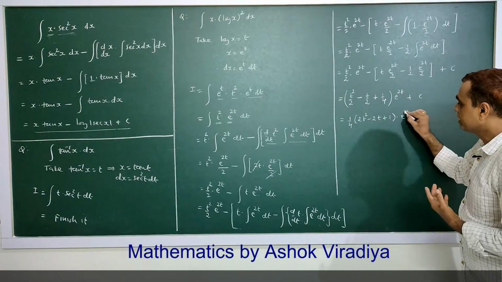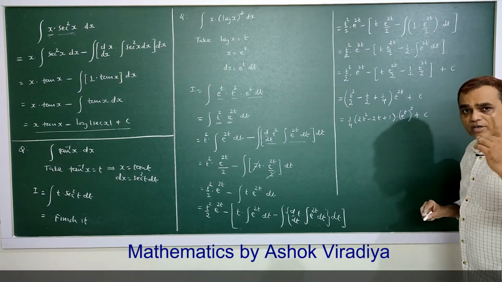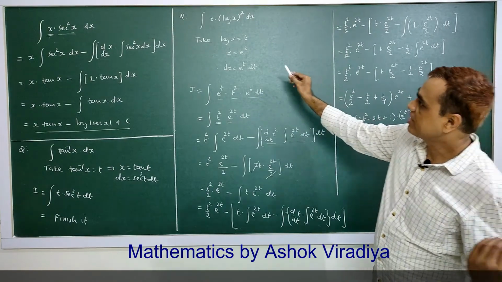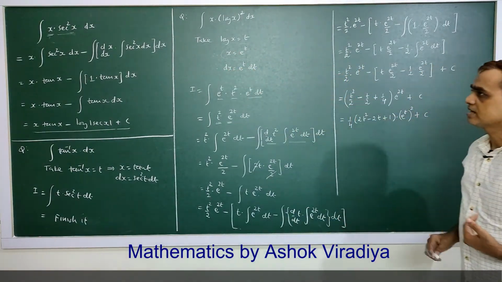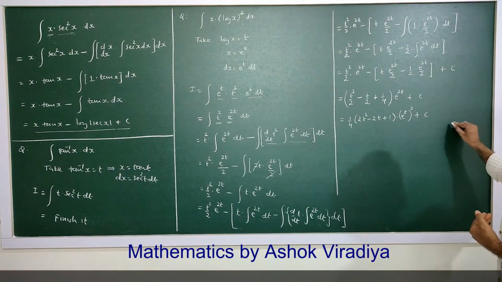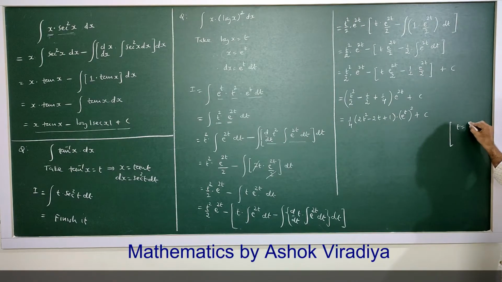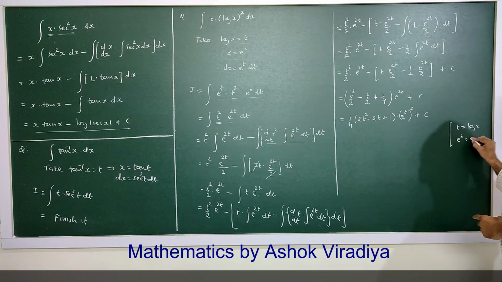e raised to 2t can be expressed as e raised to t whole square, because coming back in x, we are going to put e raised to t equal to x, and t is log x. So now, t is log x. In the beginning we have taken t is log x and e raised to t is x.